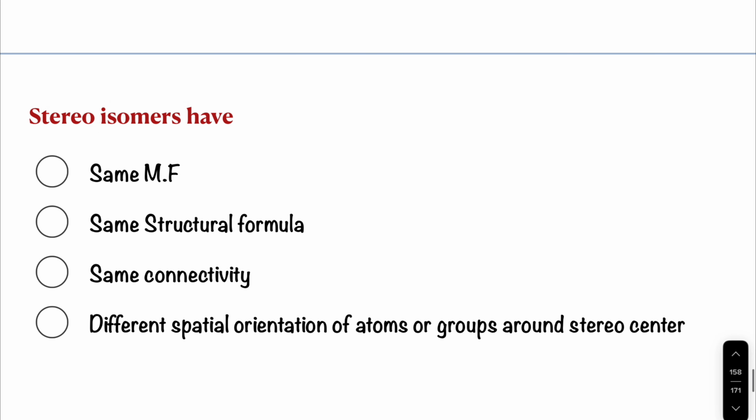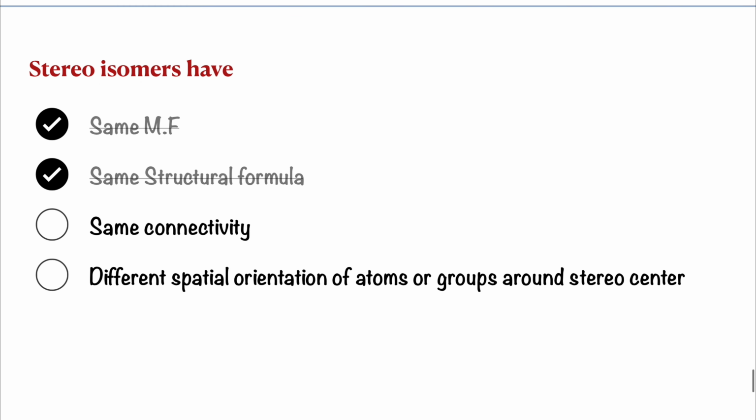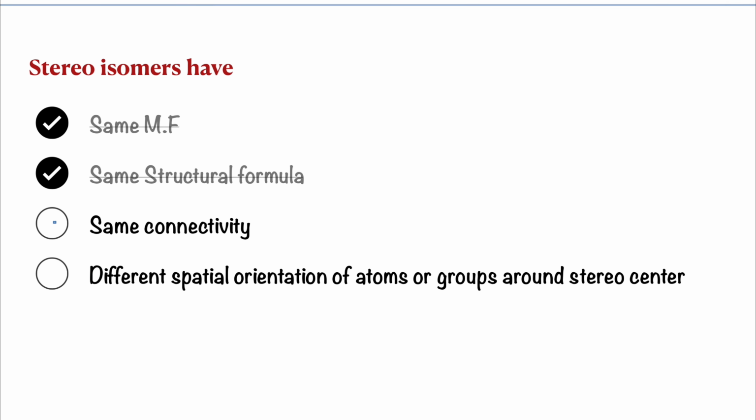So finally, in the case of stereoisomers, they have the same molecular formula, same structural formula, same connectivity. The structure is the same, but there is a different spatial orientation of atoms or groups around the stereo center.